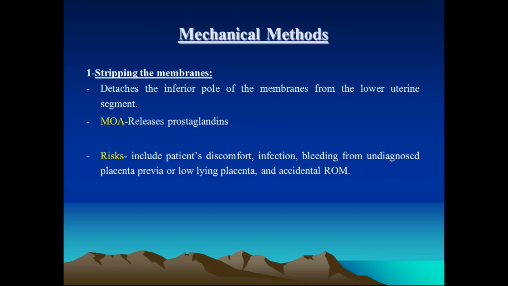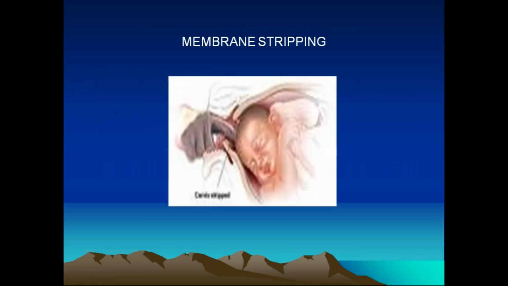The patient can complain of pain, infection can be present, and bleeding from undiagnosed placenta previa or low-lying placenta can be seen, and accidental rupture of membranes may occur with stripping of membranes. So this is stripping of membrane. We'll introduce a finger into the lower uterine segment, and we'll strip the membranes from the lower uterine segment.